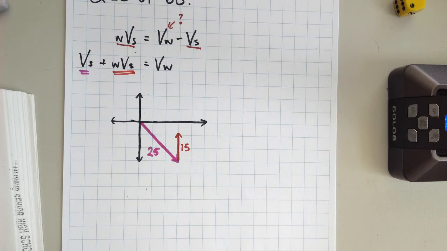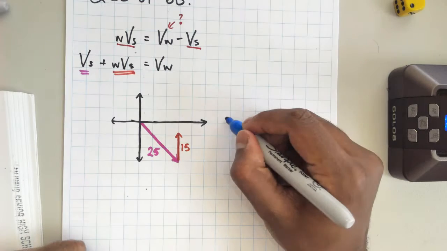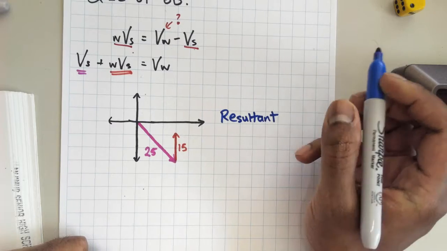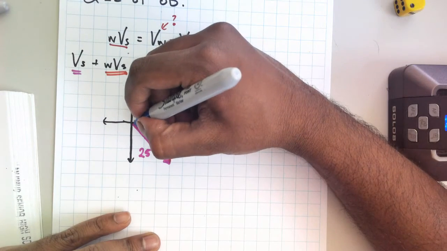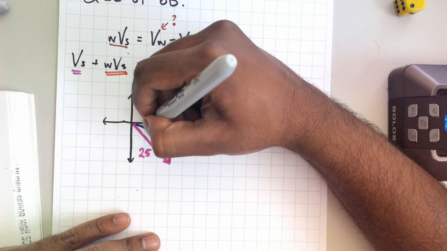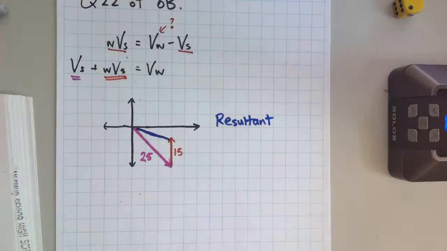Alright, so we got two vectors there. So our resultant, we can use blue. It's going to be this guy there. Alright? So that's what we're trying to find.